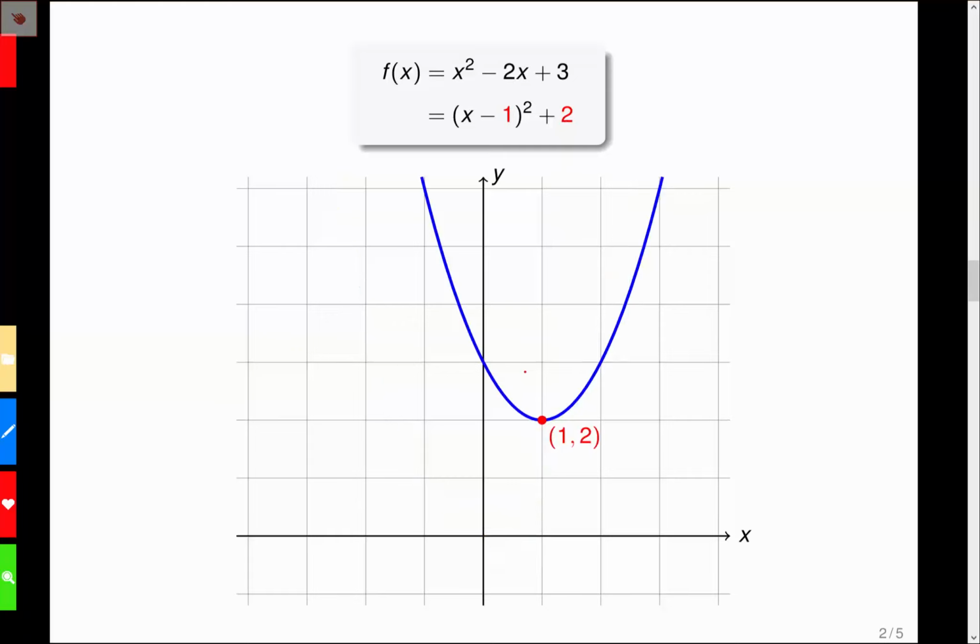So the numbers 1 and 2 in the formula actually represent the amount of horizontal and vertical shifting of a much simpler function. This motivates a general piece of theory on the shifting of functions, which can be a tremendously useful skill for the sketching of graphs far beyond just quadratics.